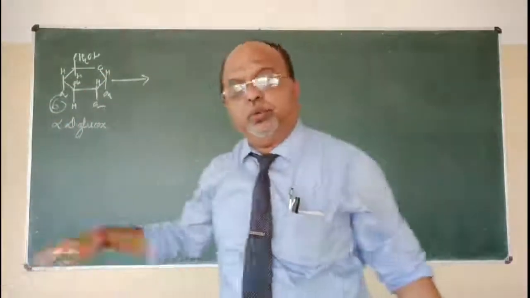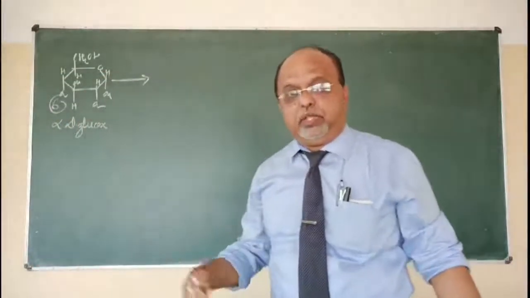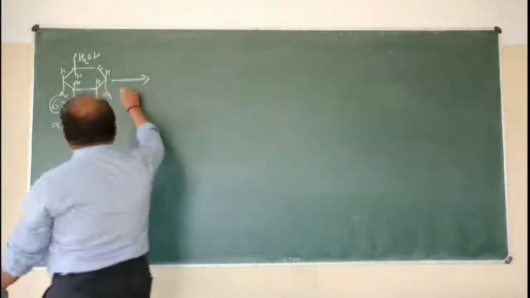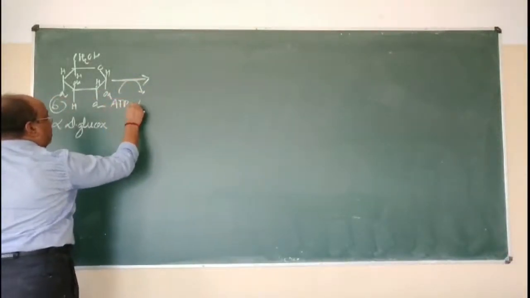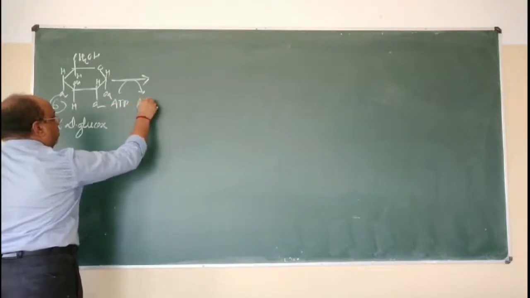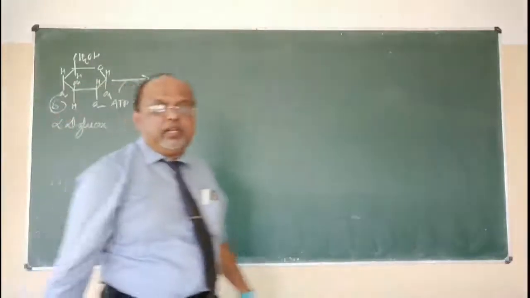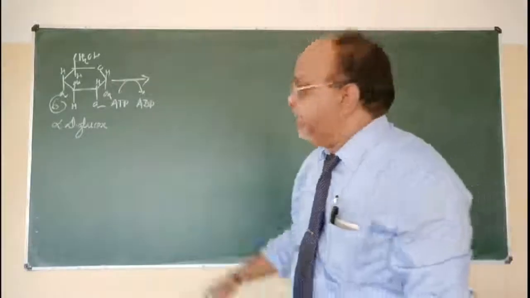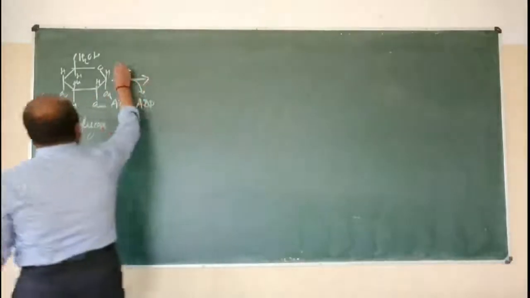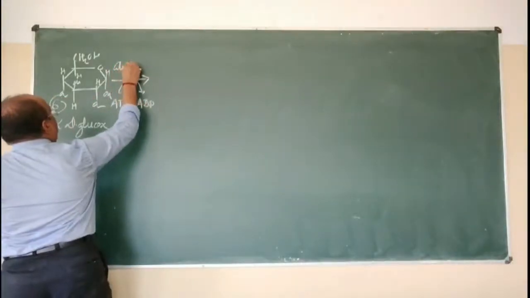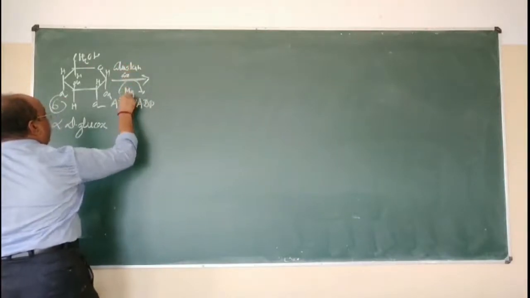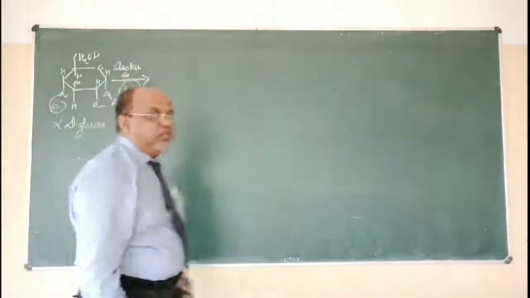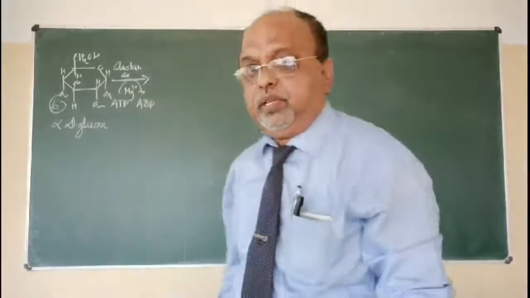Now the reaction: like the normal EMP pathway and other pathways, it is converted into glucose 6-phosphate. In this reaction, phosphorylation occurs and the phosphate group is donated by ATP. The name of the enzyme, all of you know, is glucokinase, which requires magnesium ions for its activity.